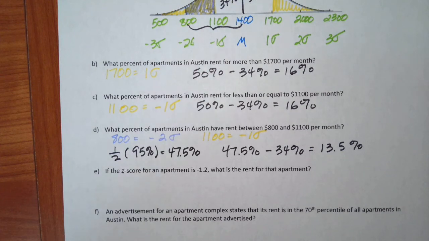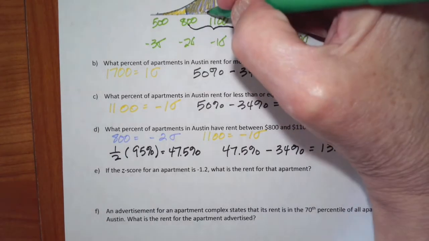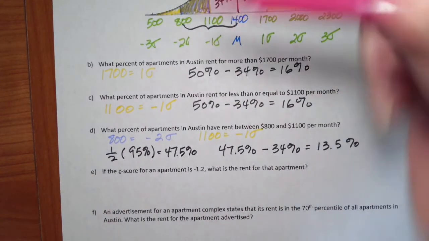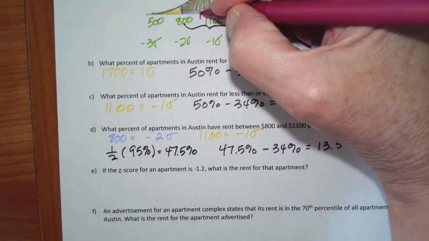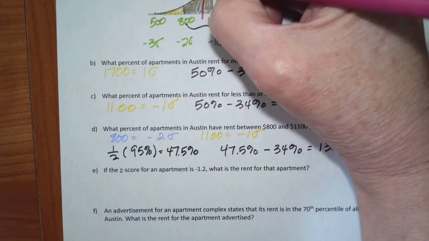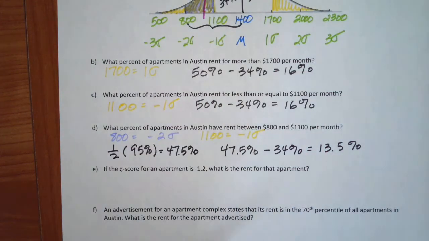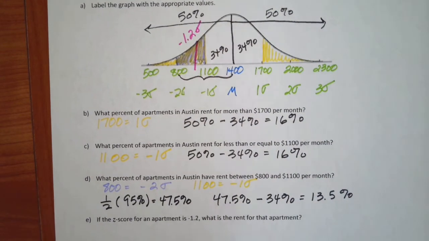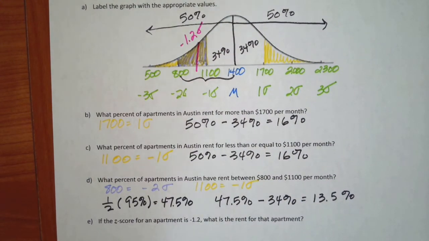Okay. All right. If the z-score is -1.2, what is the rent? Okay, so -1.2 is going to be something like here. This is going to be -1.2 standard deviation. So I need to find the data value for that. It's going to be between 800 and 1100. Okay?